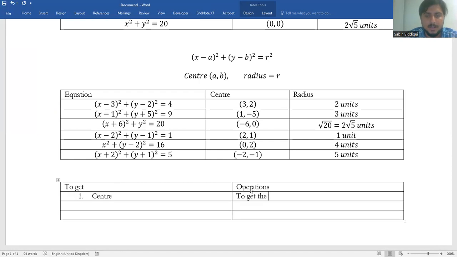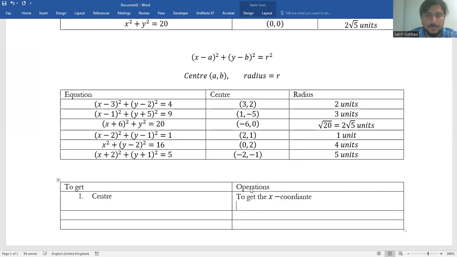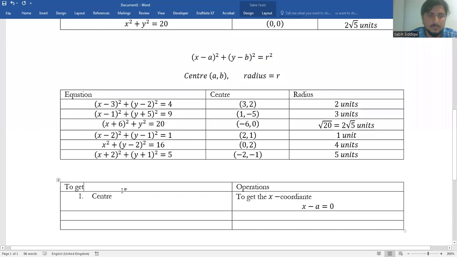To get the x coordinate, we take x minus a and we put it equal to 0.